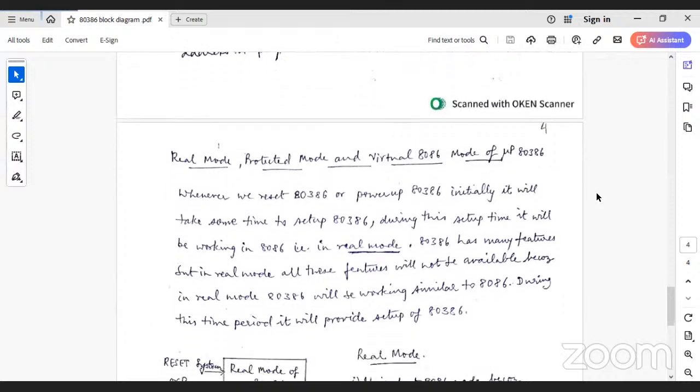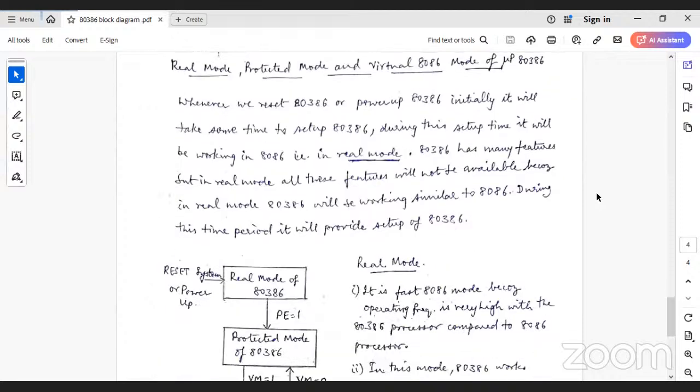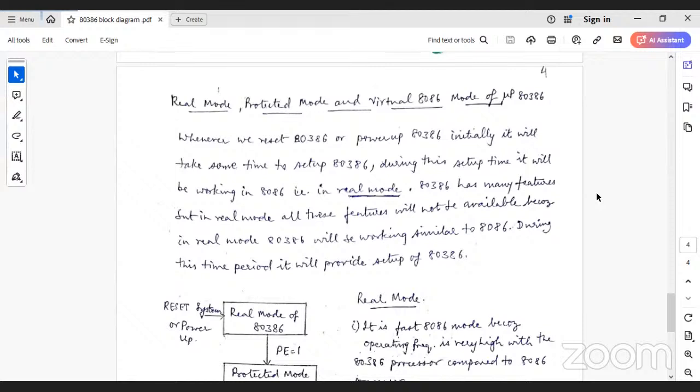Now, this point, protected mode. What are the different modes in which your 386 functions? For this, you have to know about the different modes. There are 3 different modes in which your 386 works, and the protection mechanism I told you, the 386 has 3 very good features.